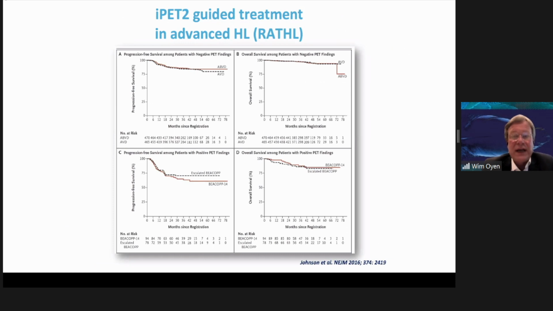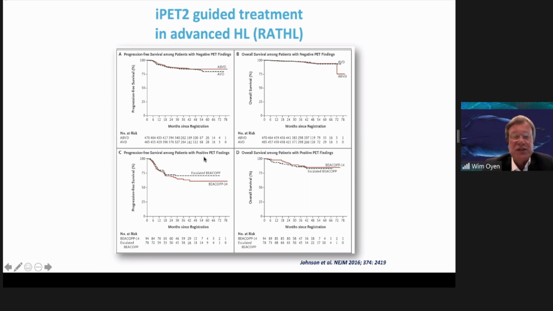The RATHL trial, again in advanced Hodgkin's lymphoma, used an interim PET after 2 cycles of ABVD. And very importantly, what could be shown is that in the patients with a negative PET, you could safely omit bleomycin from the regimen. And these patients had a similar progression-free as well as overall survival.